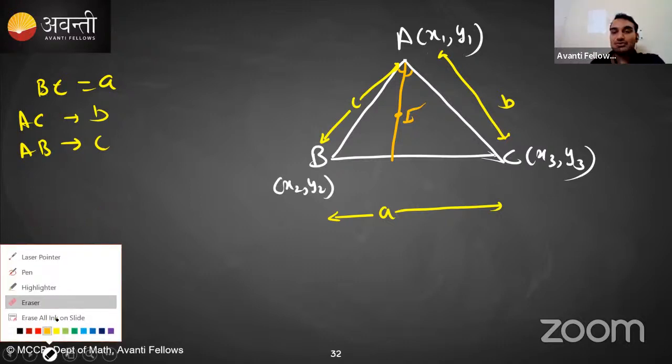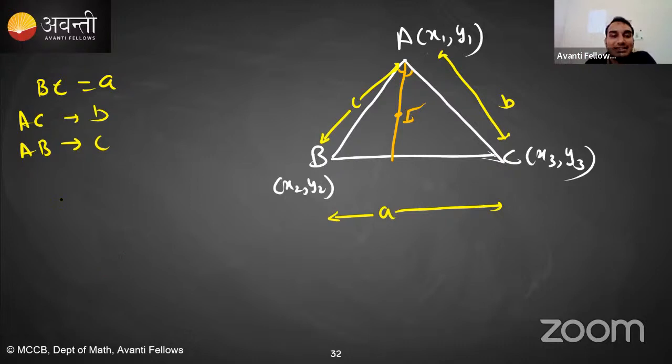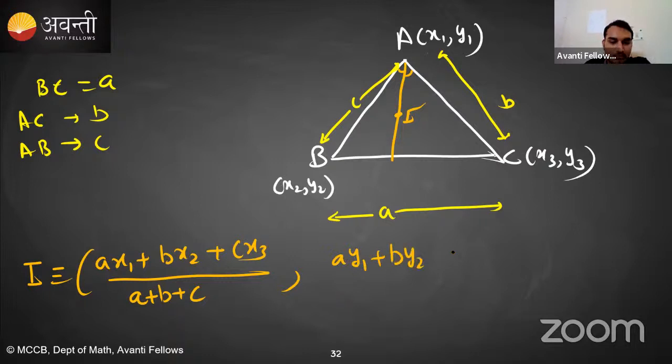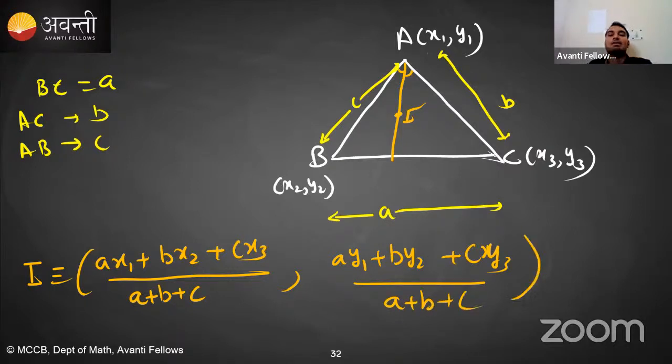Trust me, I don't want to confuse you. So what I'm saying is, the x coordinate of the incenter is a into x1 plus b into x2 plus c into x3, upon a plus b plus c. Similarly, the y coordinate is a into y1 plus b into y2 plus c into y3, upon a plus b plus c. Clear?